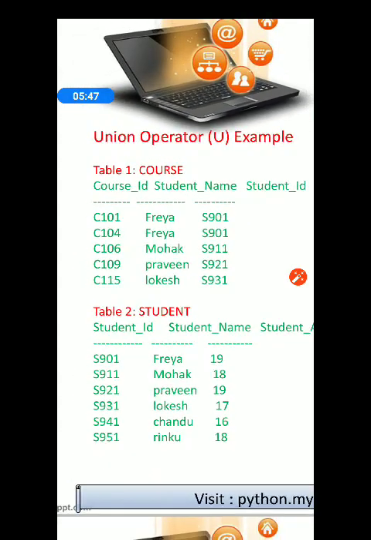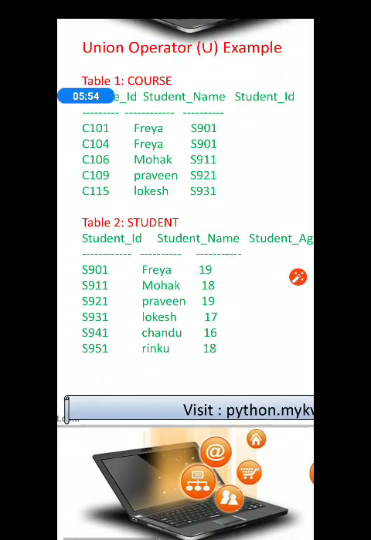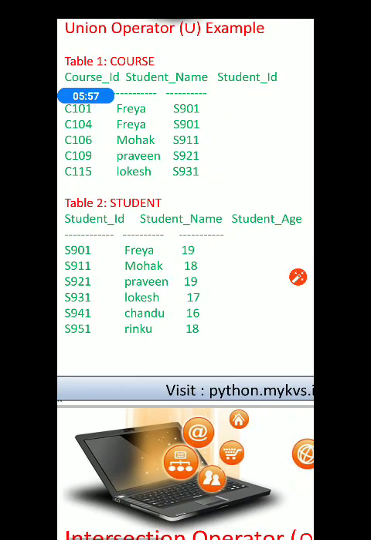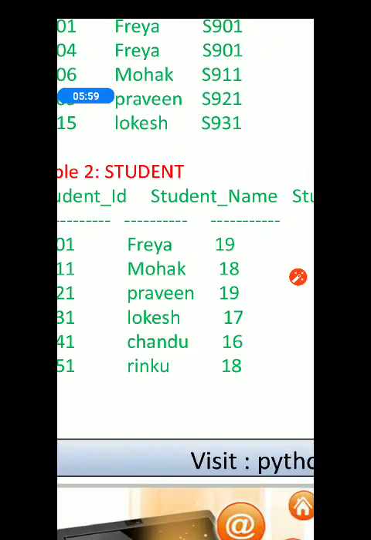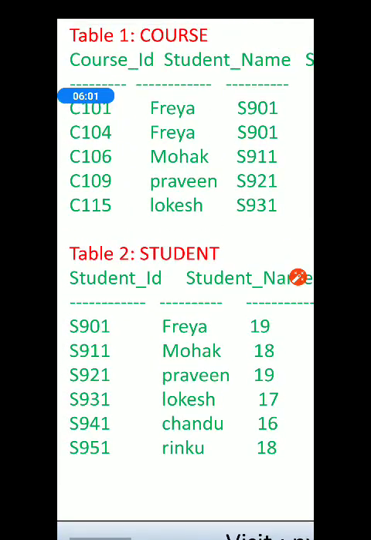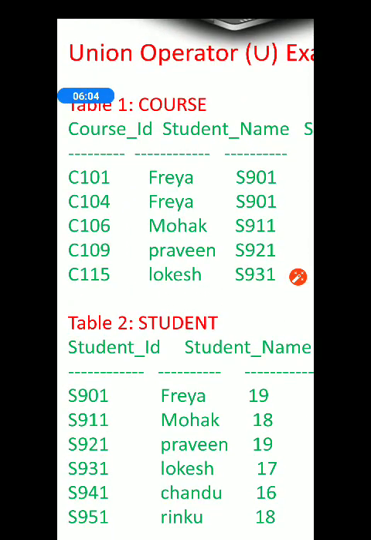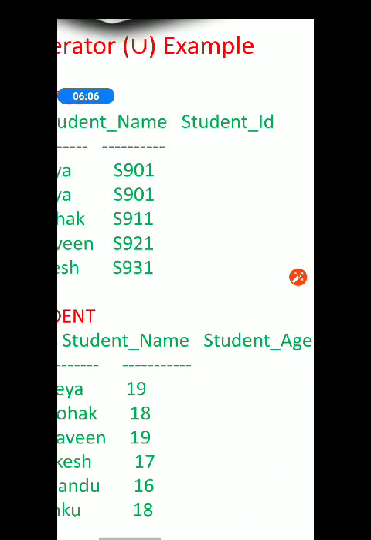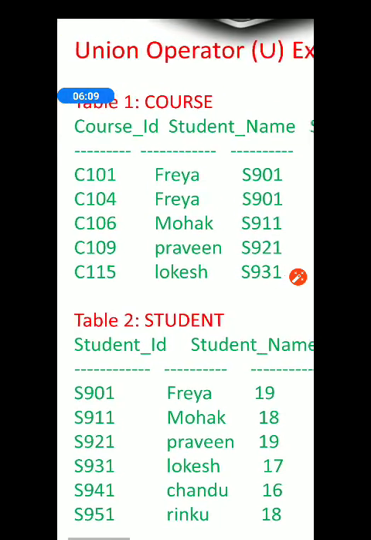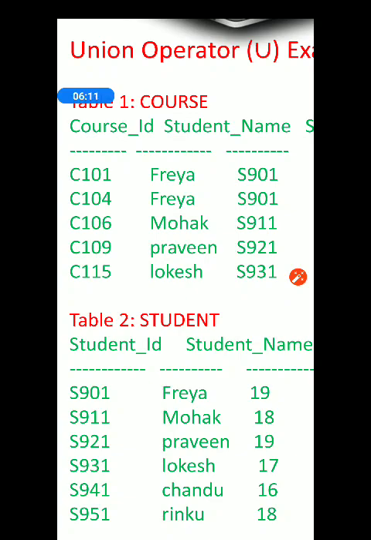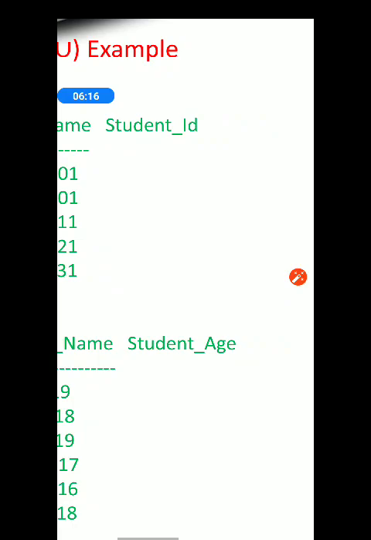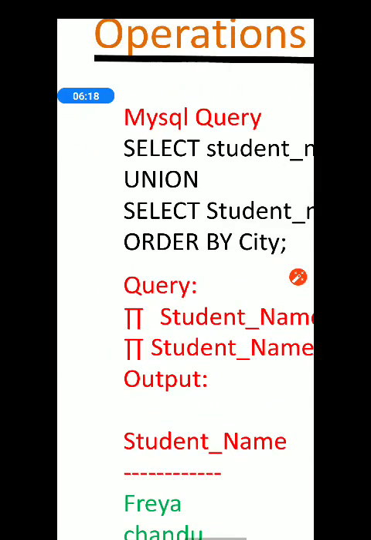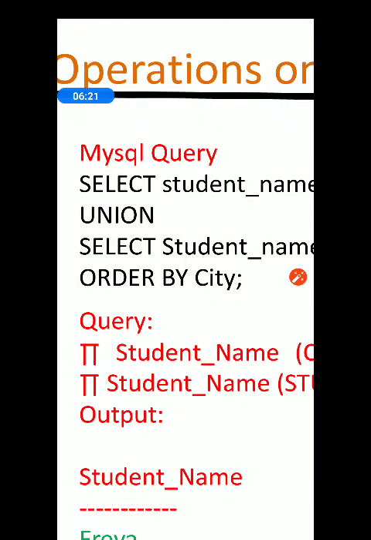First is course, in which course ID, student name and student ID is given, and second is student table, in which student ID, student name and student age are given. So these are the two tables, and I want to unite these two tables using the union operator.